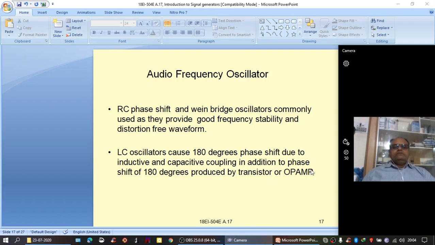Amplifier is in the forward path, which produces 180 degrees phase shift, and the positive feedback is provided by the LC circuit, which provides additional 180 degrees phase shift, total 360 degrees phase shift, thus fulfilling the Barkhausen criteria.